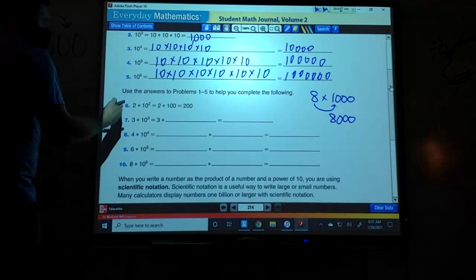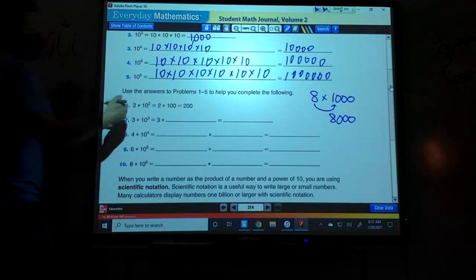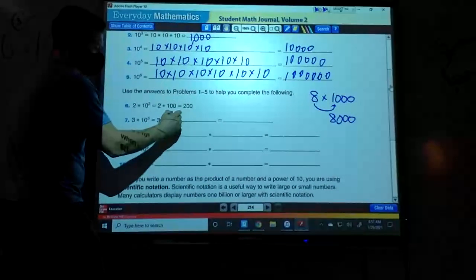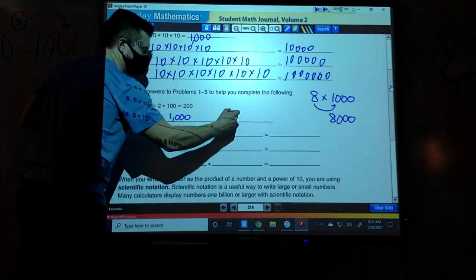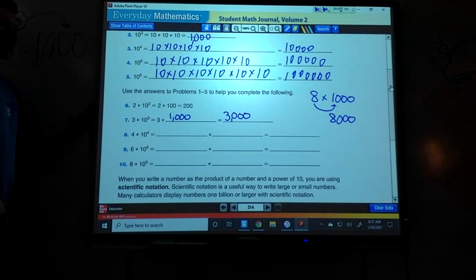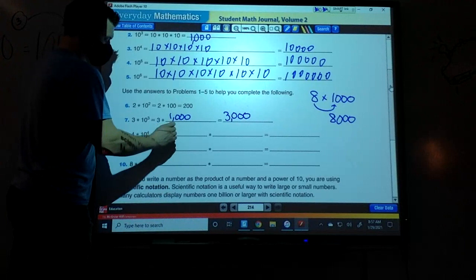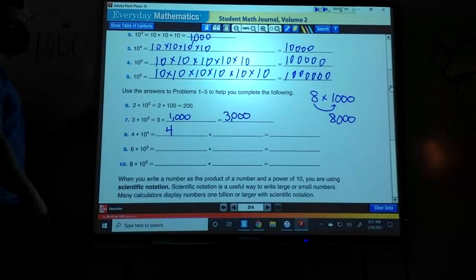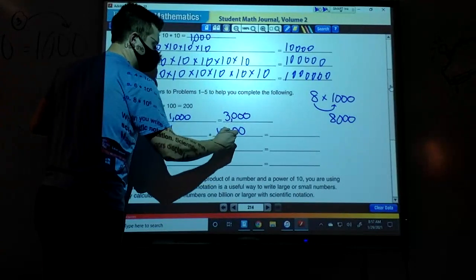Okay, so 2 times 10 to the second power is 2 times 100, or 200. 3 times 10 to the third is 3 times a 1 with 3 zeros. And we know that 3 times 1 is 3, and then we just slap on 3 zeros. 4 times 10 to the fourth is 4 times 1 with how many zeros? 4.